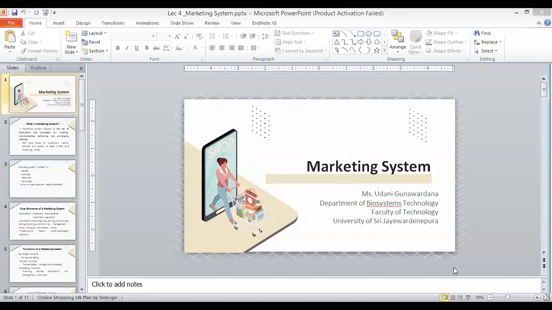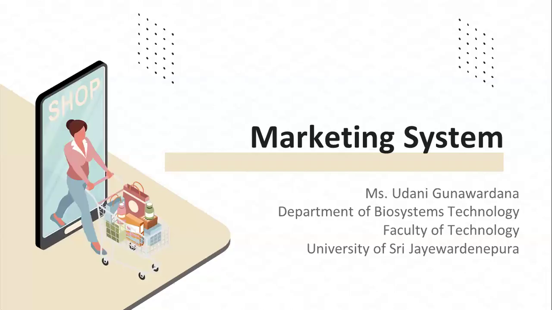Now you know what marketing is. In marketing we identify the consumers' needs and wants, and as producers we produce our good or service to fulfill our customers' needs and wants in a socially acceptable manner, right?